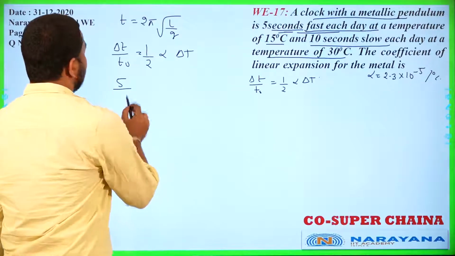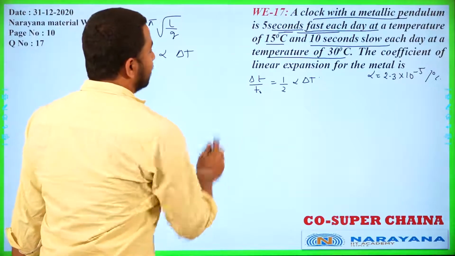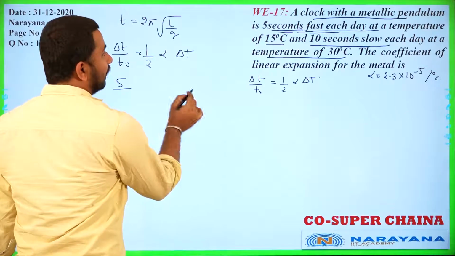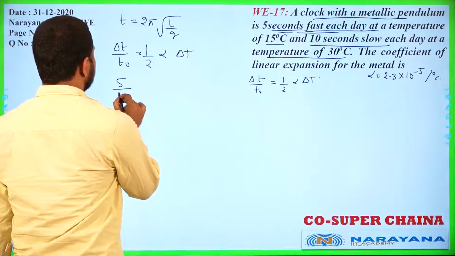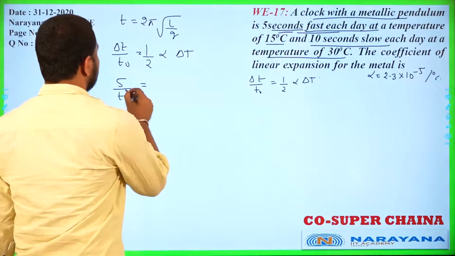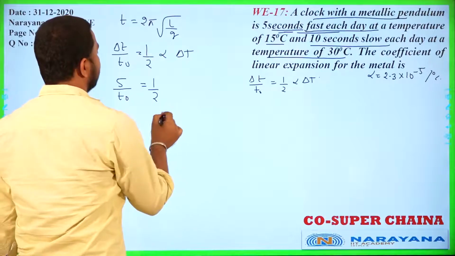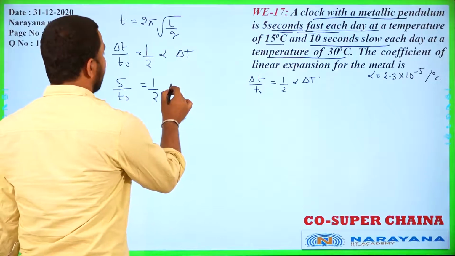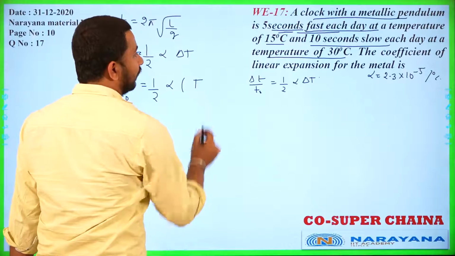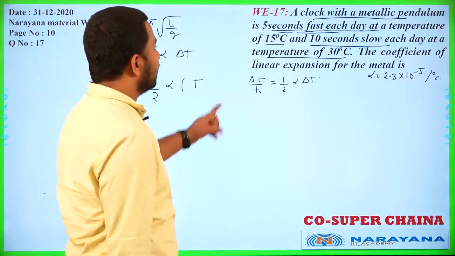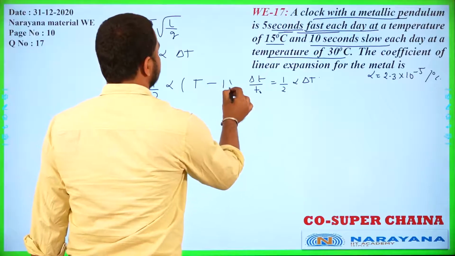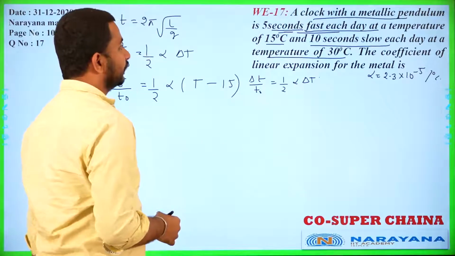So 5 by T naught, where T naught is the initial value, equals half alpha times (T minus 15 degrees).